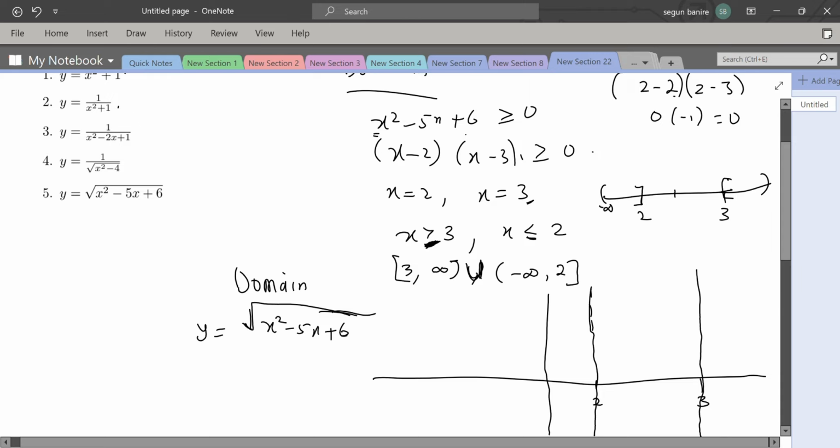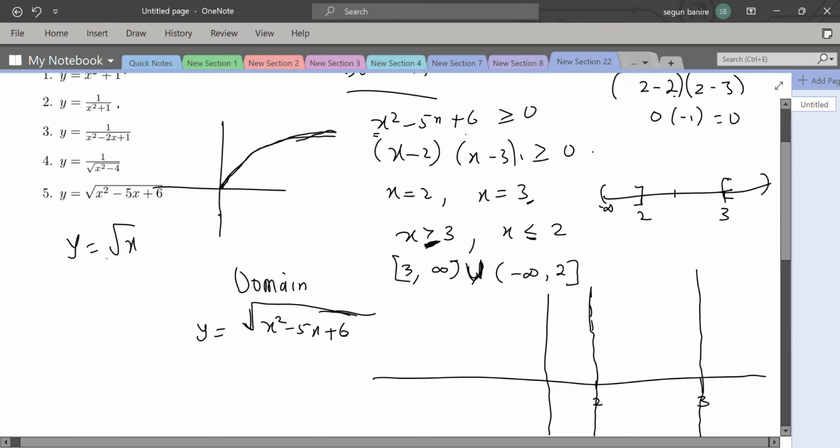Now, there's a way we draw it when y is equal to maybe the square root of x. It is something like this. When x is 0, it goes like this. This is how you draw it.